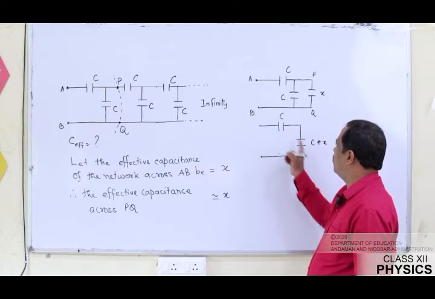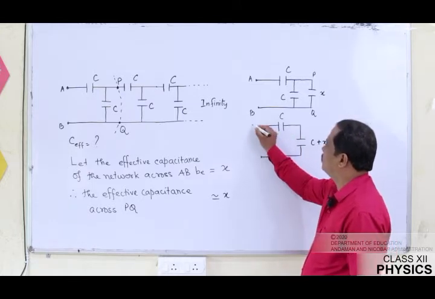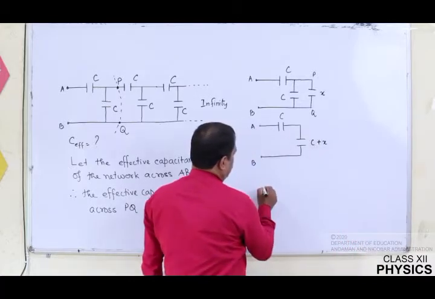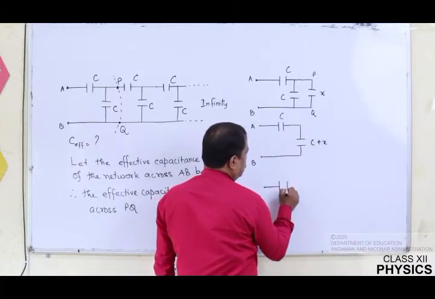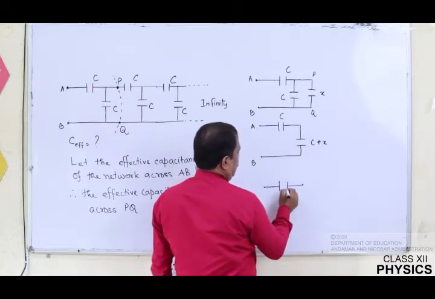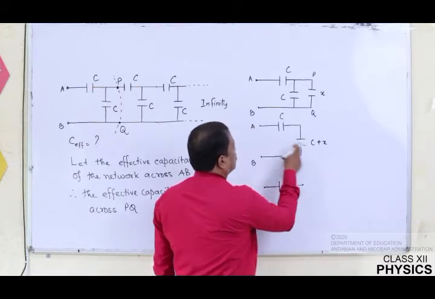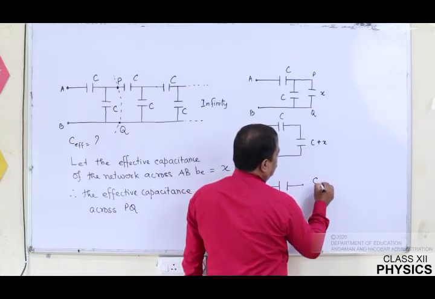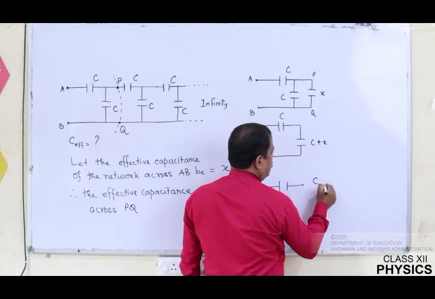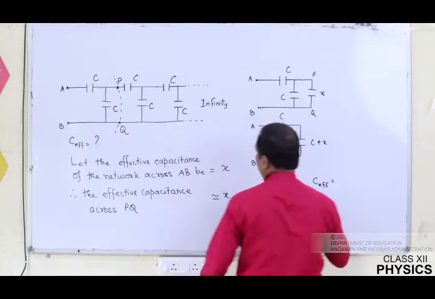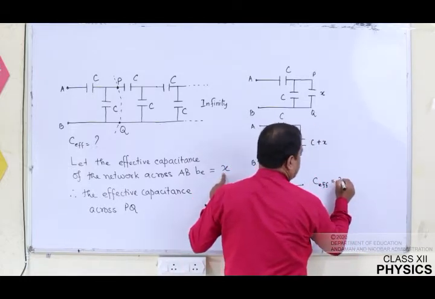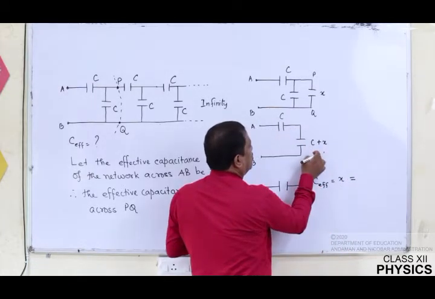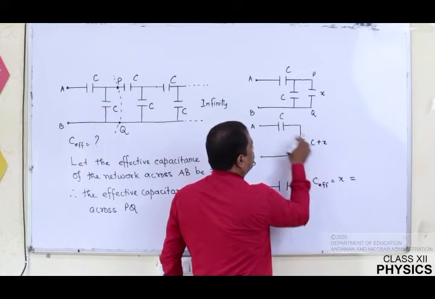Now this capacitor and this capacitor are both in series. So the effective capacitance of the circuit, which we said is X for the entire network, is X equal to, since these two are in series, the product of the two divided by the sum of the two.